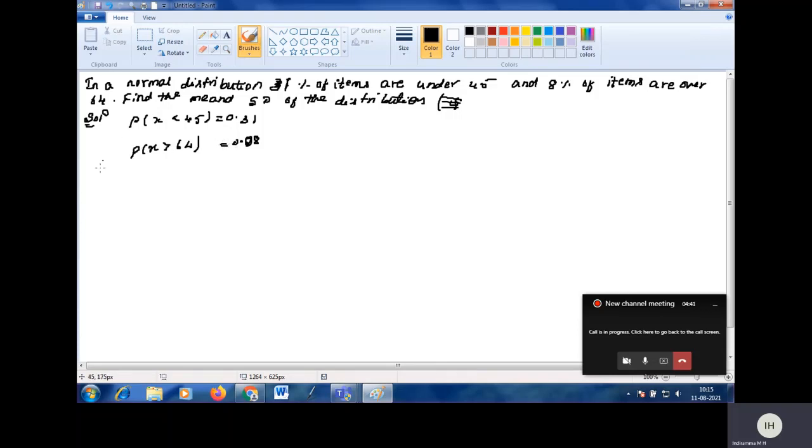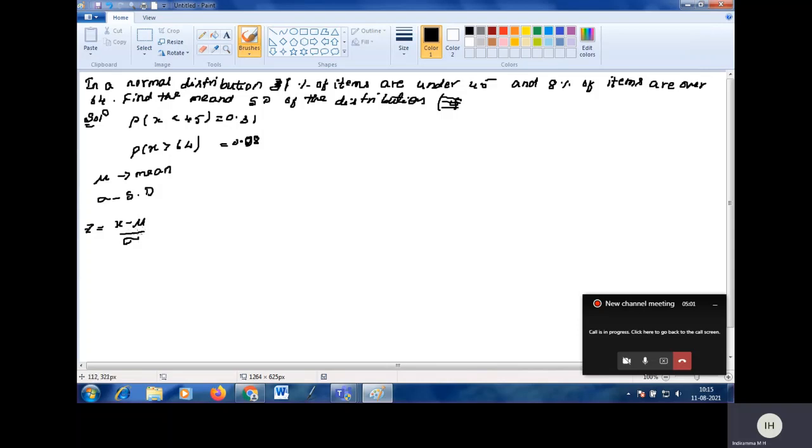As we know, mu is the mean and sigma is the standard deviation. This is what we have to calculate. Z is a standard normal variate, that is x minus mu by sigma.